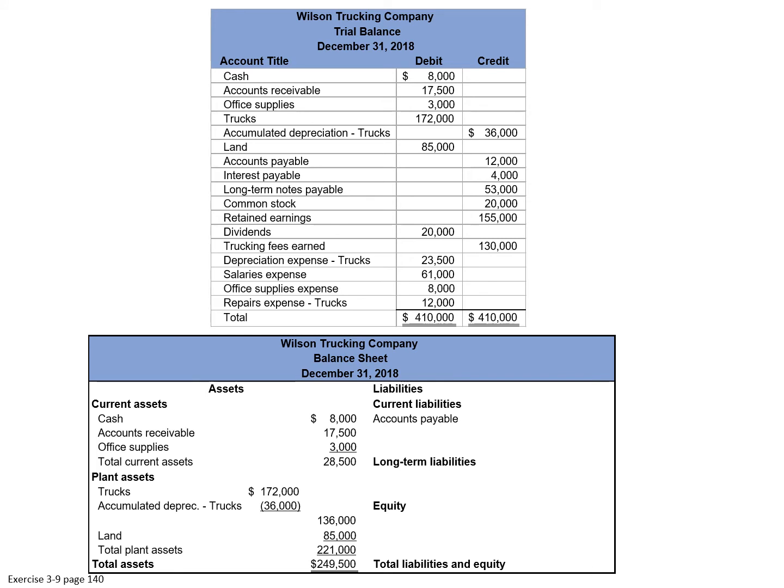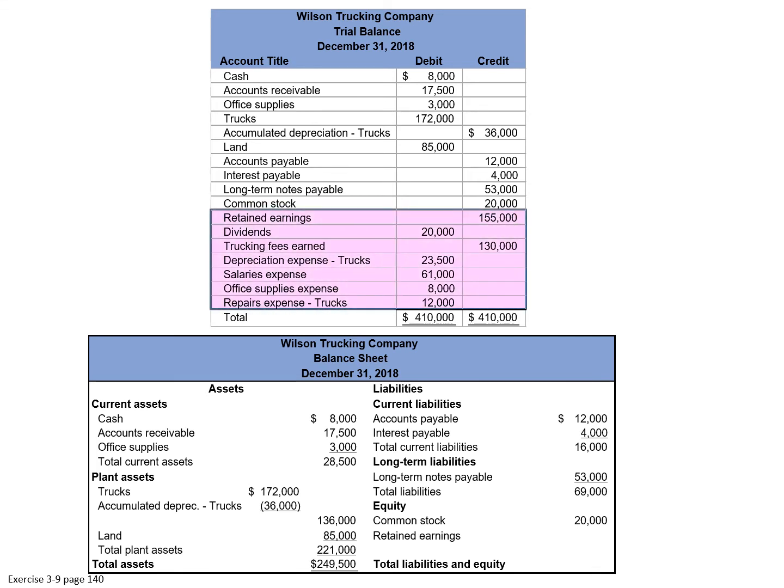Then our current liabilities are going to be anything that's due within a year. So that's going to be your accounts payable, your interest payable. Long-term liabilities usually have long-term in the name, but otherwise note payables tend to be an indicator of a long-term liability. Okay. And then we move our equity section down here. Our retained earnings balance, we're going to compute, right?